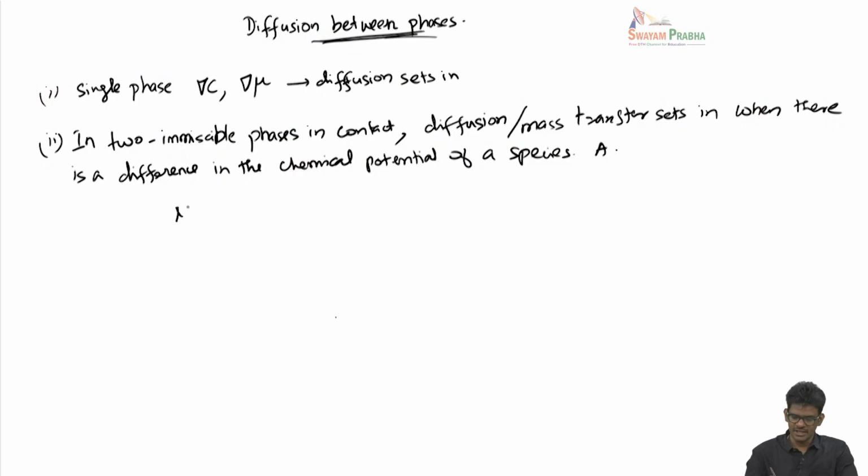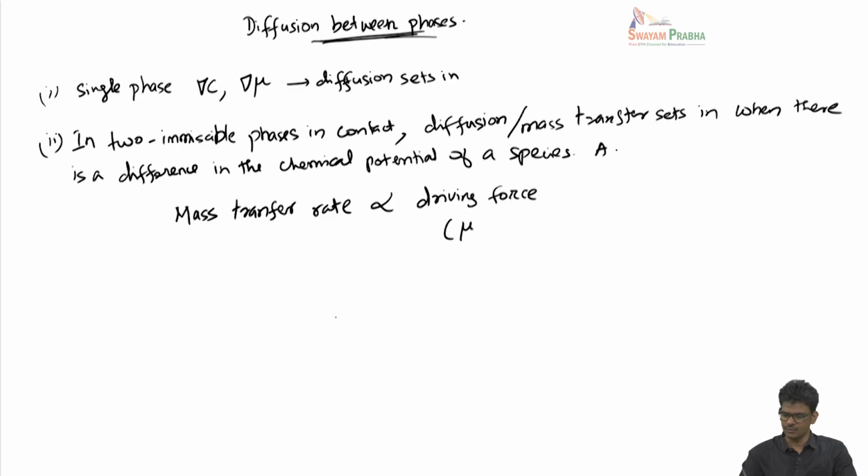So generally our interest here is, if you start a system which is away from equilibrium, you want to study what is the rate of mass transfer with respect to the driving force. In this case, the driving force is the chemical potential difference. Okay, so we would like to study how to express mass transfer rate proportional to the driving force.